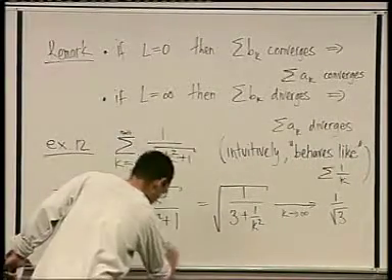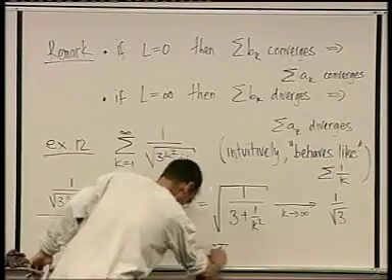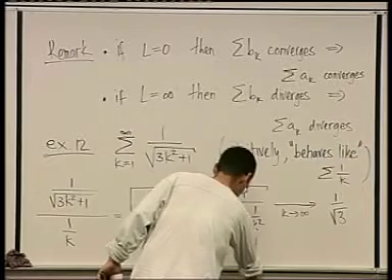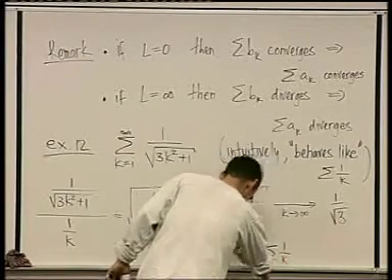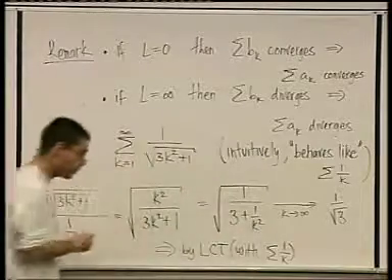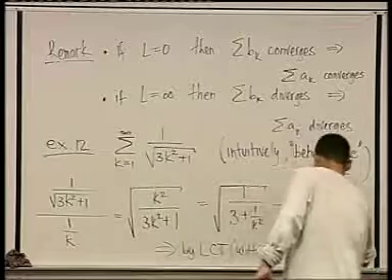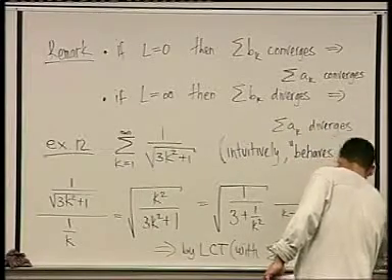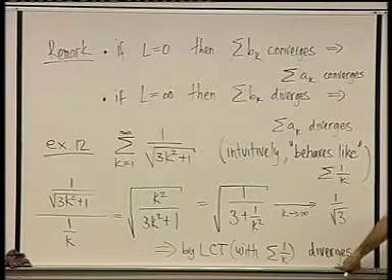Therefore, by the limit comparison test with sigma 1 over k, that's what I'm comparing to, this diverges. Good?